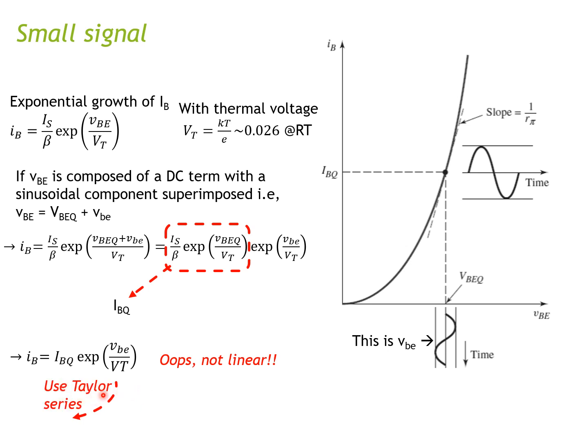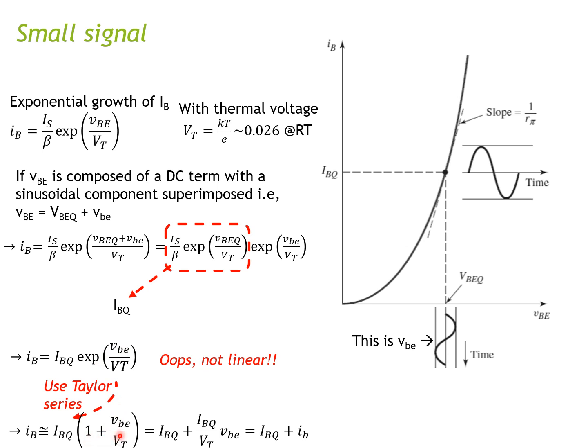You can use Taylor series. Okay, and when you apply the Taylor series, you keep only the linear term, and this approximation of Taylor series is why this model is going to be called small signal. So you use Taylor series to approximate this exponential term.